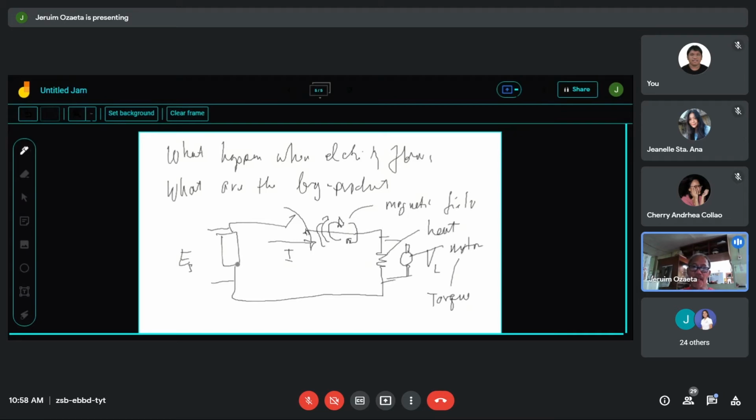Okay? If there is no electrical work that is converted by the flow of charge, the conversion of energy can be from electric energy to a heat energy. Okay?